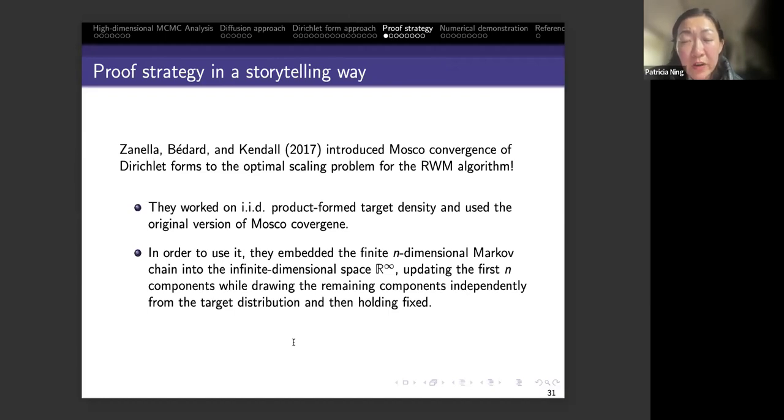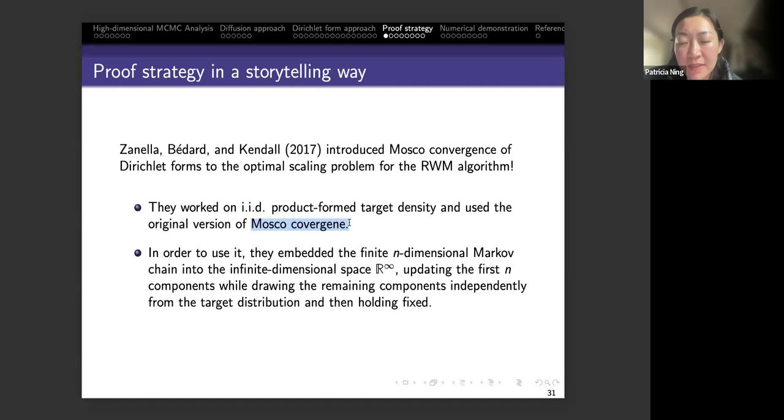It's a very beautiful work, but they worked on the IID product form target density, and they used the original version of the Mosco convergence. In that version, they did not consider the changing Hilbert space. They embed everything on the infinite dimensional space. That's the first version of Mosco convergence.